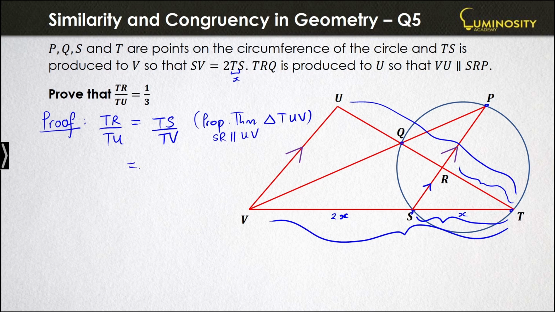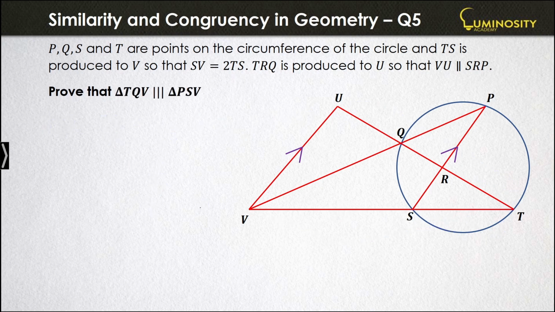We know that TS we let equal X, and TV was X plus 2X, which was 3X. So X will divide out because it's a non-zero number, it's a length. That'll be 1 over 3, because that's 1 times X. And that's exactly what we wanted to prove. The reasoning here was the proportionality theorem in triangle TUV because the lines SR and VU were parallel.